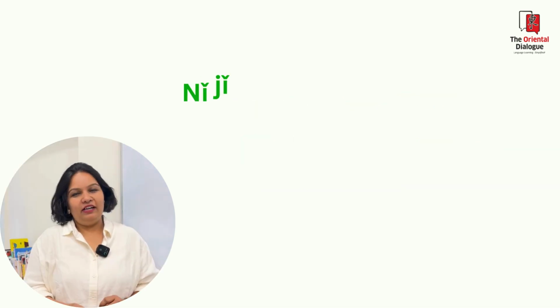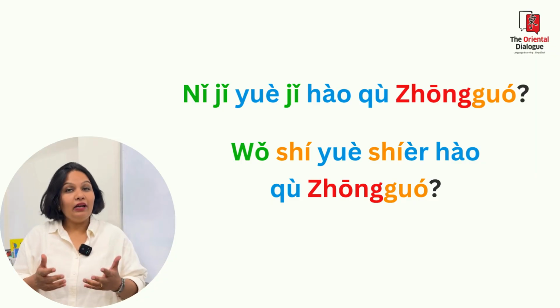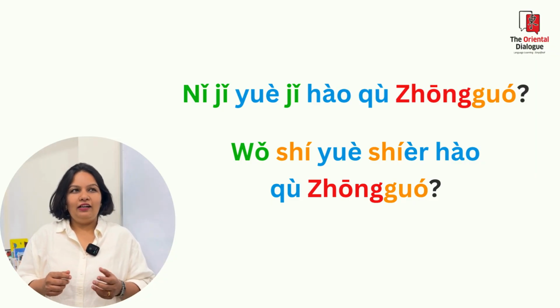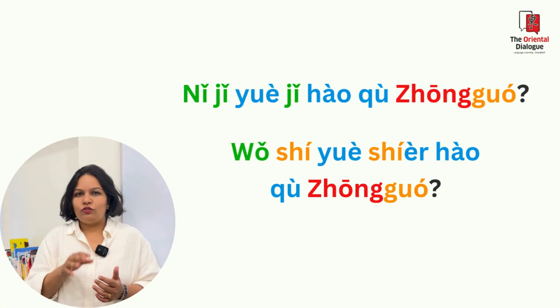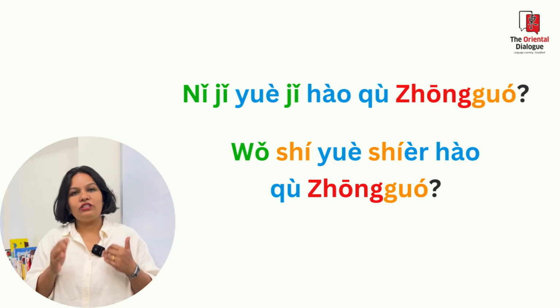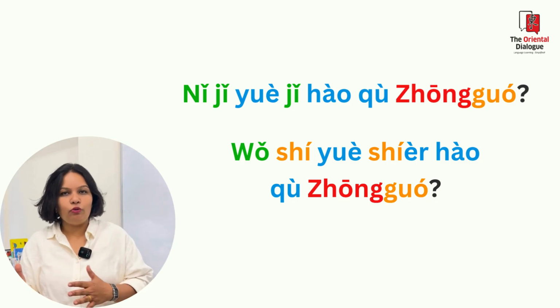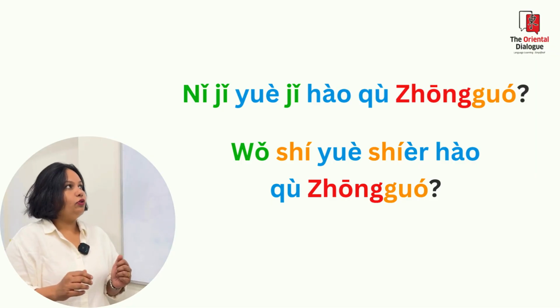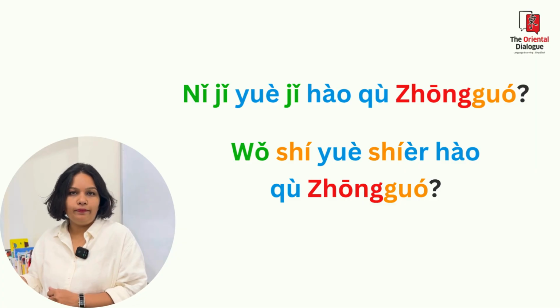With this same concept, now you can ask somebody, when are you going to China? Typically that's what comes to us. I don't know how to say when. No, you want to know the date, so you will just use the phrase 几月几号, whenever you want to ask for a date. So you will say 你几月几号去中国?